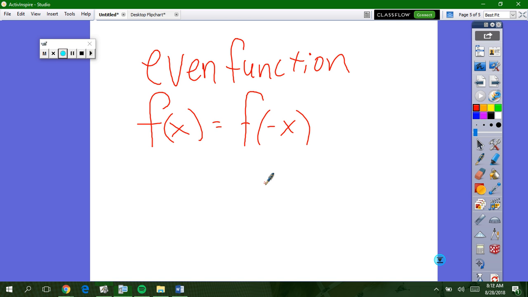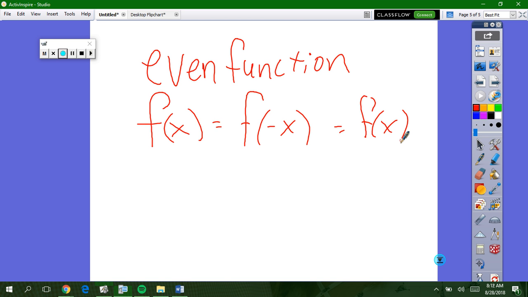If I replace x with negative x, and it comes back with the exact same function, that is an even function. Now you might be like, what the heck is he talking about right now? Because I haven't shown you. But that idea makes it an even function. If I replace the x with a negative x and it comes back to be exactly the same function, it is even. Okay? Is everybody with me on that?